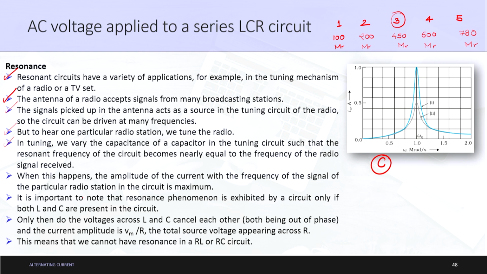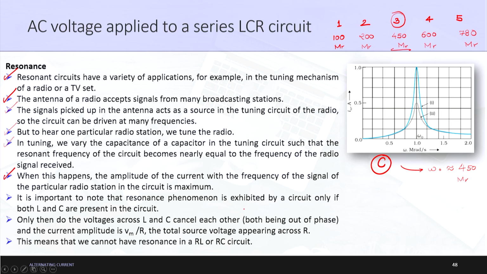In tuning we vary the capacitance of a capacitor in the tuning circuit such that the resonant frequency of the circuit becomes nearly equal to the frequency of the radio station received. This is the frequency of the radio station received, and we try to change the value of C such that the value of omega naught is very close to 450 m radians.